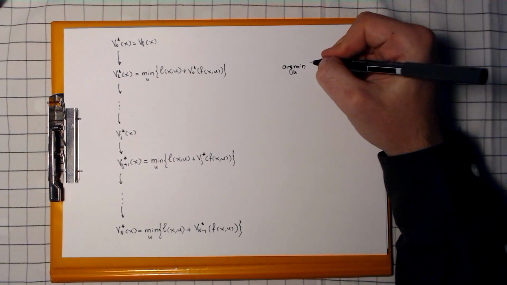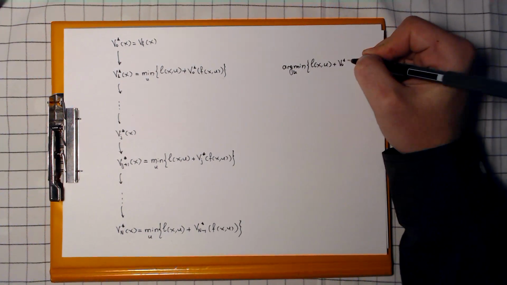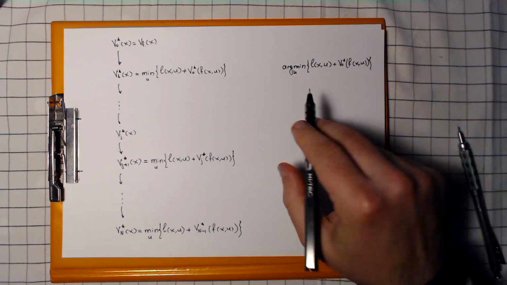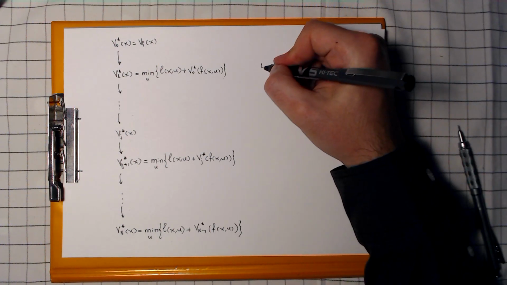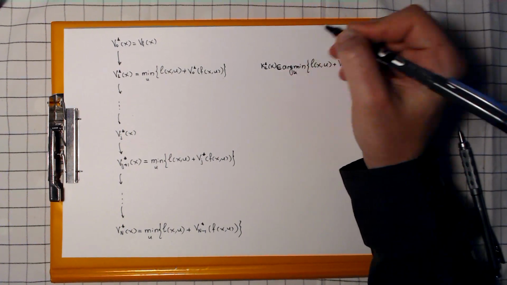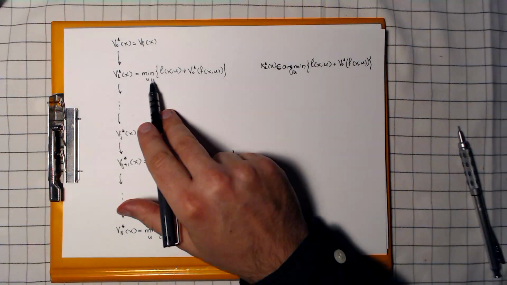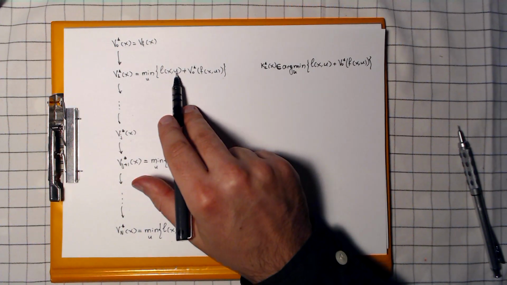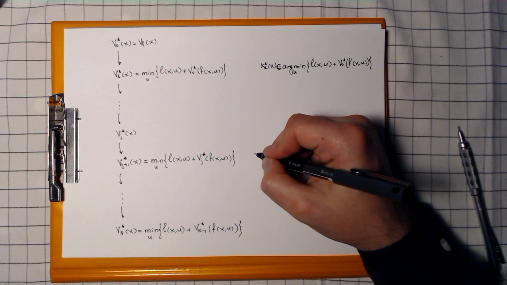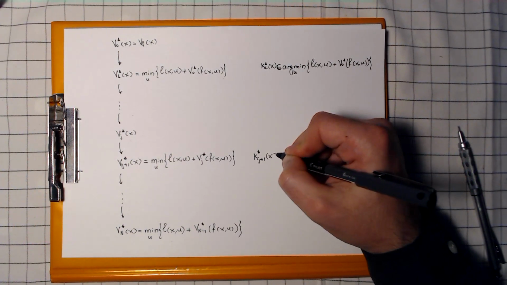We need to solve the problem argmin of L of x comma u plus V0 star of f of x comma u. Now if we find such a minimizer and call it kappa 1 star of x, there might be many, so I will write kappa 1 star of x belongs here, kappa 2 star of x belongs to the argmin of L of x and u plus V1 star at f of x and u, and so on, and kappa j plus 1 star as a function of x.